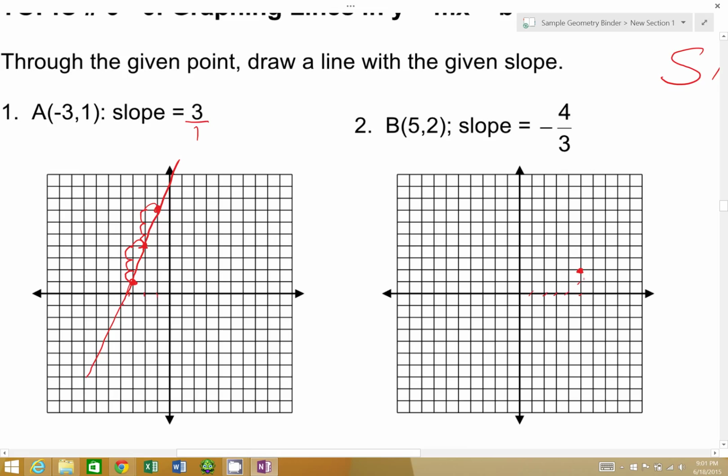I'm going to go down 1, 2, 3, 4, and over 1, 2, 3. I've drawn that. Now I'm going to simply draw a line that goes approximately through the correct point. There we go. And then I just continue it.